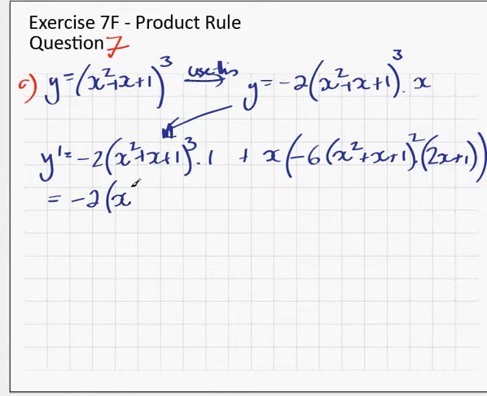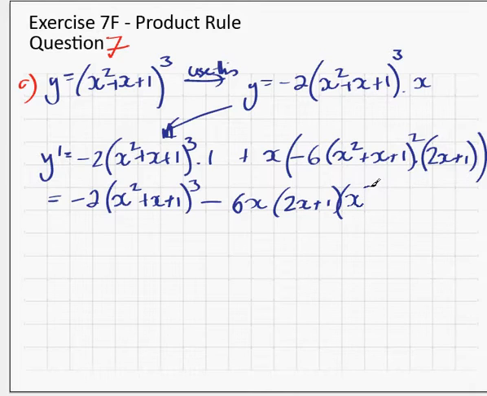Just tidy this up just a little bit. Becomes minus 6x times 2x plus 1 times x squared plus x plus 1 squared.